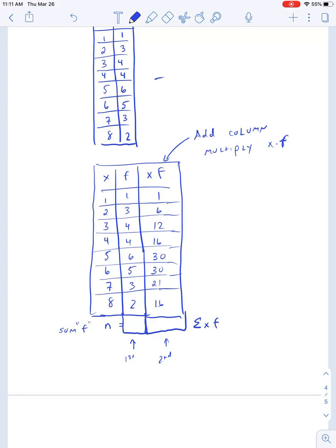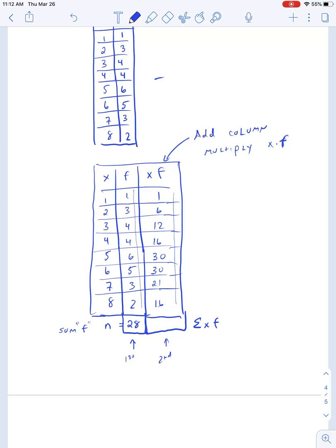So we're doing 1 plus 3 plus 4 plus 4 plus 6 plus 5 plus 3 plus 2. We added those numbers and we get 28. All we did was just add this column.